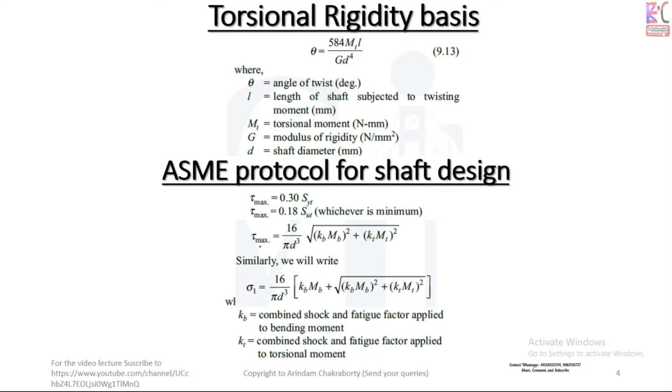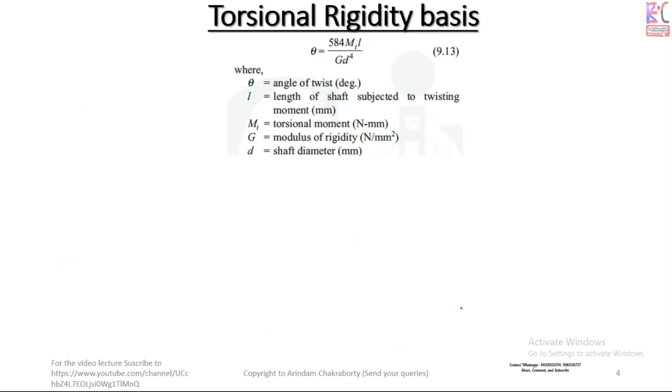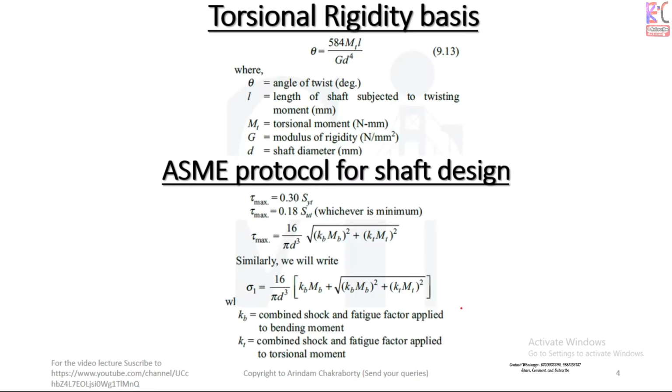That means the formulas you have learned over here are all theoretical, but for practical use you have to multiply by a multiplier, Kb and Kt. Kt is for the shock and fatigue of the torsional moment, and Kb is for the bending moment.